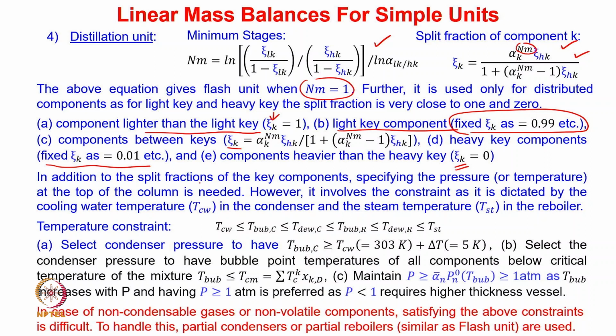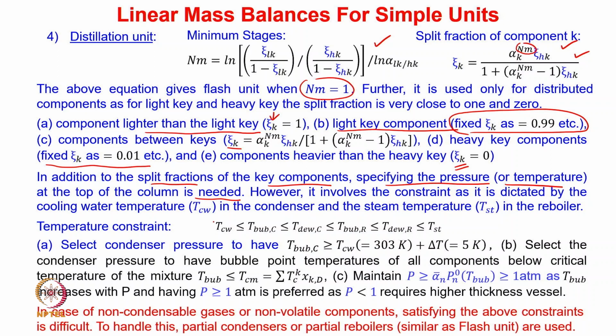In addition to the split fractions of the key components, specifying the pressure or temperature at the top of the column is needed. However, when we are specifying the temperature and pressure, there are different constraints that need to be satisfied. The temperature has to be such that constraints with respect to the dew point and bubble point calculations for the condenser as well as the reboiler are taken into consideration, and we will see those constraints in more detail when we look at one solved example.